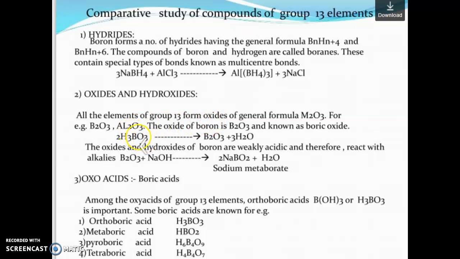Here 2 H3BO3 gives B2O3 plus 3H2O. This is boric oxide. The oxide and hydroxide of boron are weakly acidic and therefore react with alkali. B2O3 plus the base NaOH gives NaBO2, sodium metaborate.